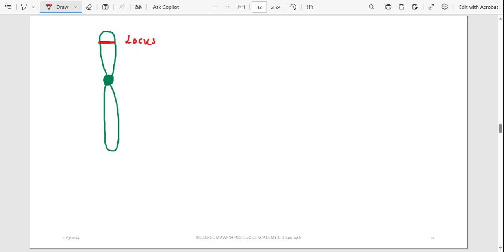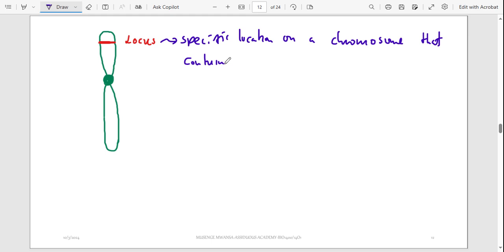Now, we are saying locus, so what have we said the locus is? A locus is a specific location on a chromosome, and this specific location on a chromosome contains a gene for a specific trait.